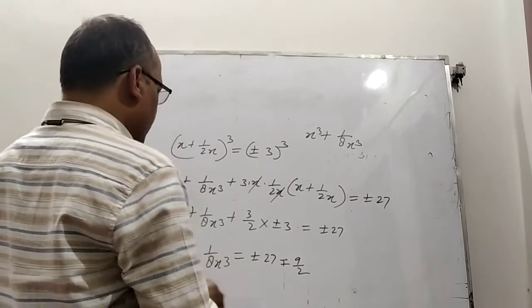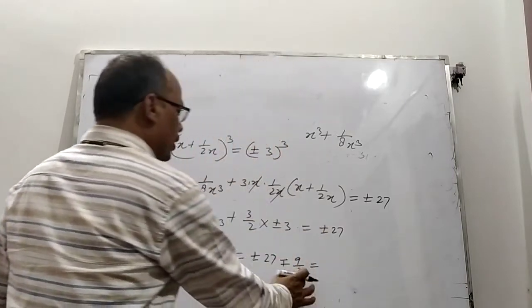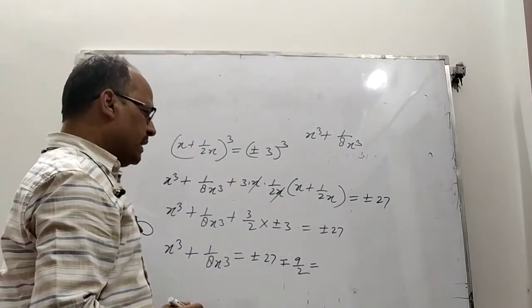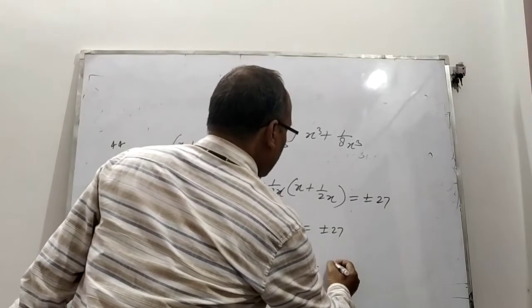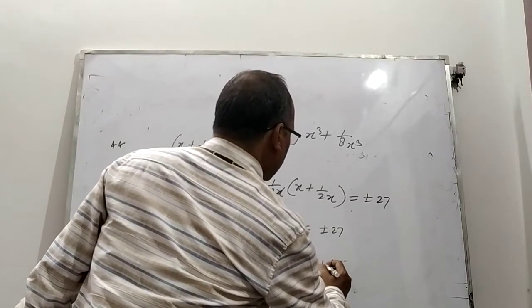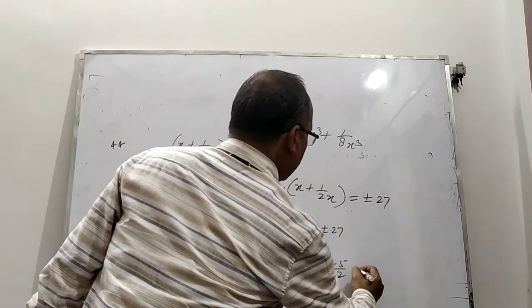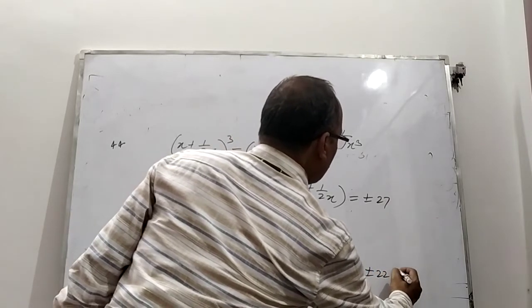Then you simplify it. So this simplification will be 27 into 2, 54 minus 9, 45. Plus minus 45 by 2, plus minus 22 and 1 by 2.